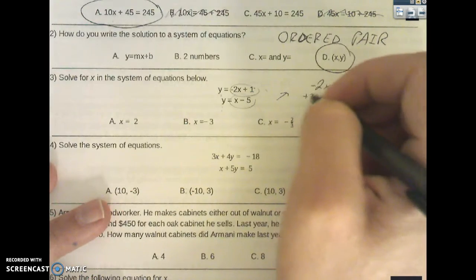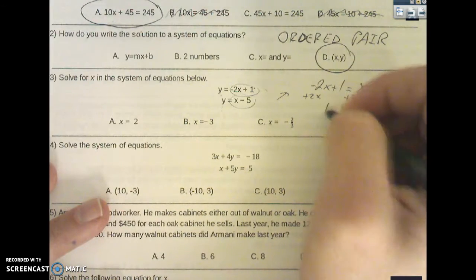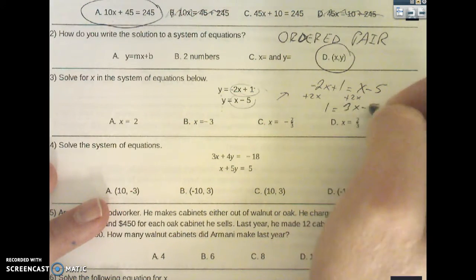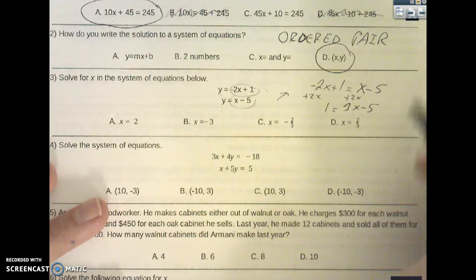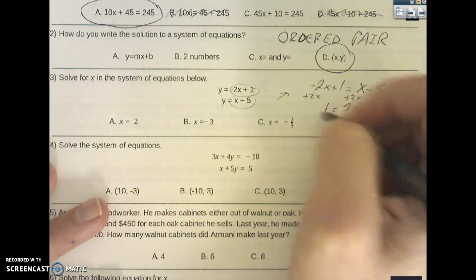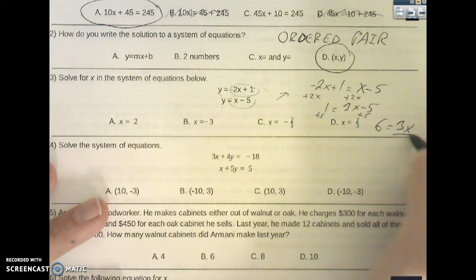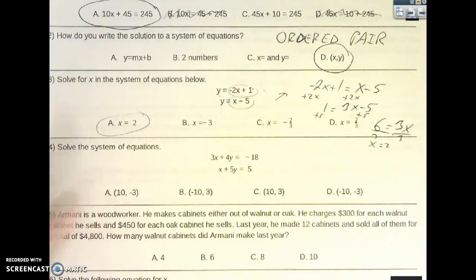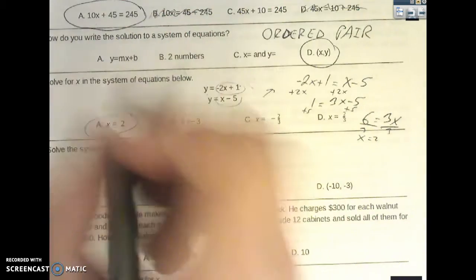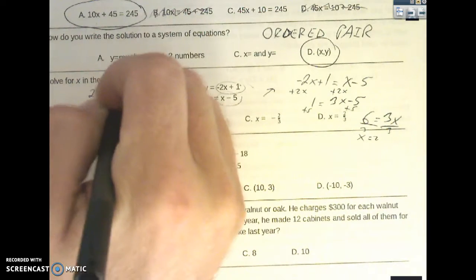Add 2x over. 1 equals 3x minus 5. Add 5 over. 6 equals 3x. Divide by 3. x equals 2. If that confuses you, we could have multiplied the bottom one through by 2 and gotten 2y equals 2x minus 10.